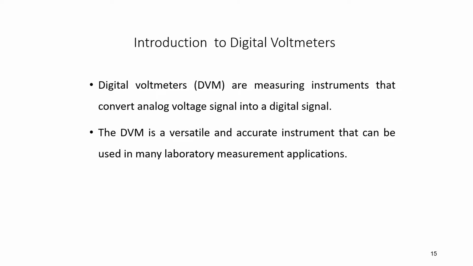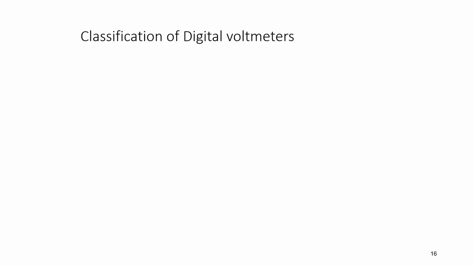So any digital voltmeter is capable of measuring analog DC voltages. However, with appropriate signal conditioning preceding the input of the DVM, quantities such as AC voltages, resistance, DC and AC current, temperature, and pressure can be measured.